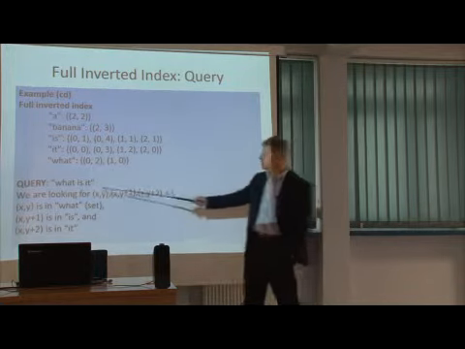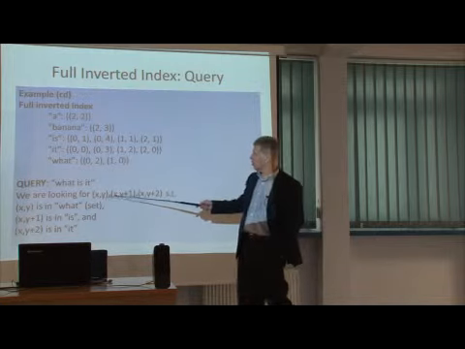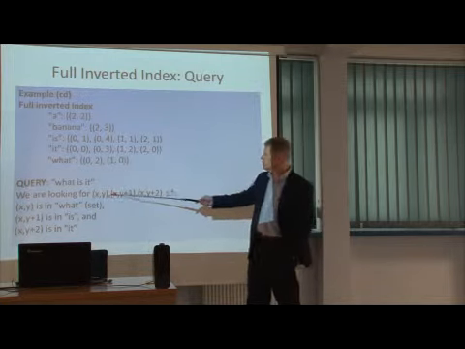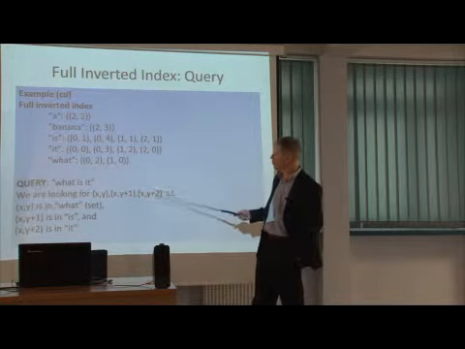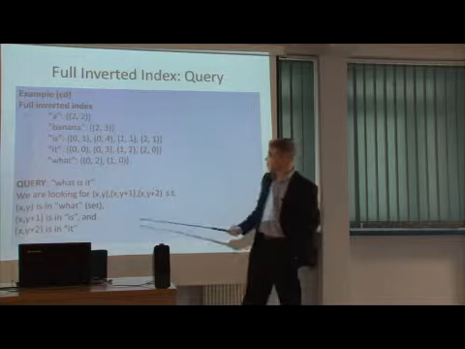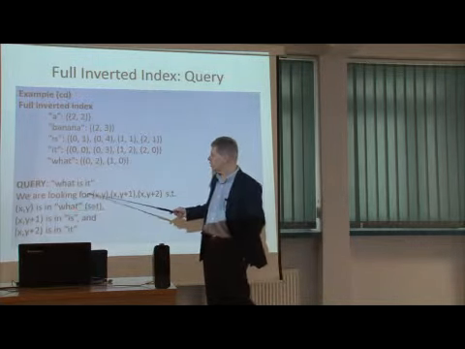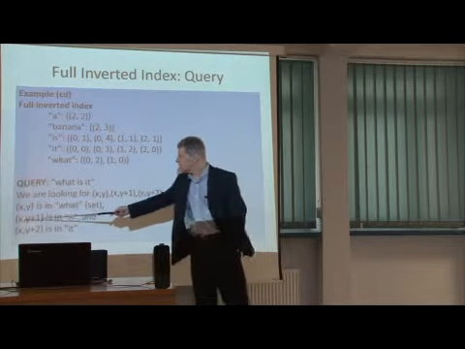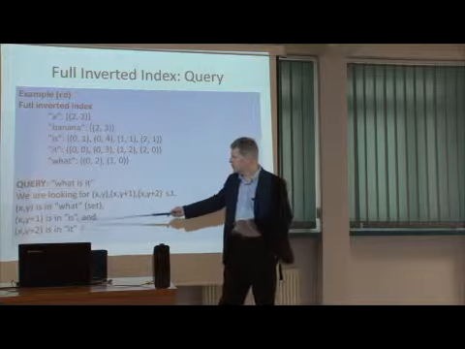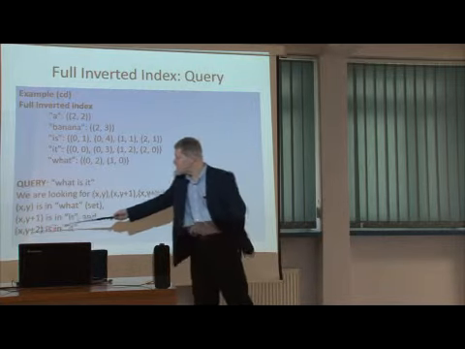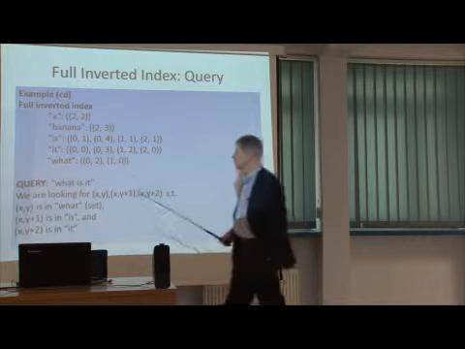Essentially, the translation of the query is we are looking for a document, first position X, Y, and then 3 consecutive entries such that X, Y is in the set of what, X, Y plus 1 is in the set of is, and X, Y plus 2 is in the set of it, all right?